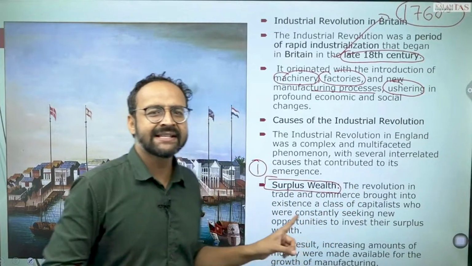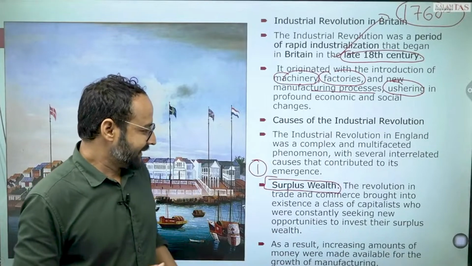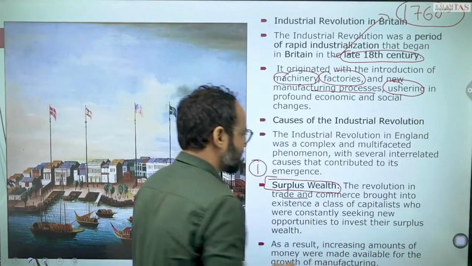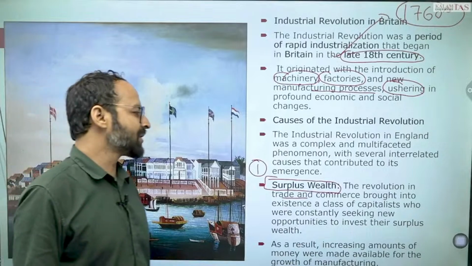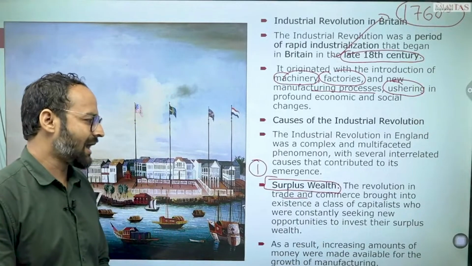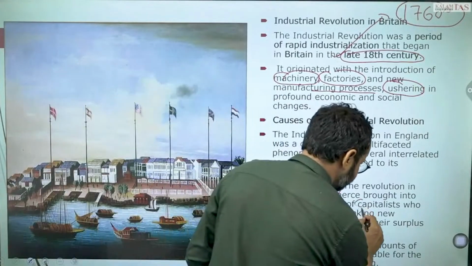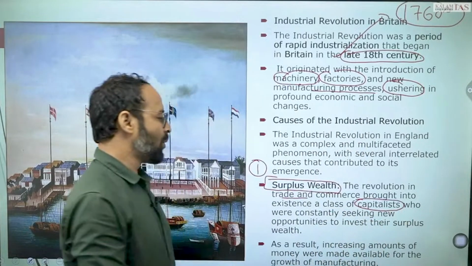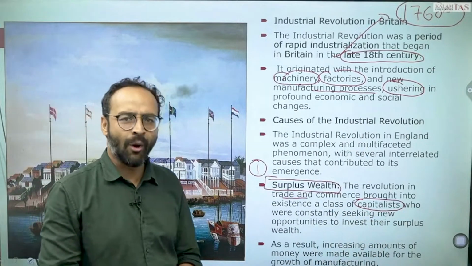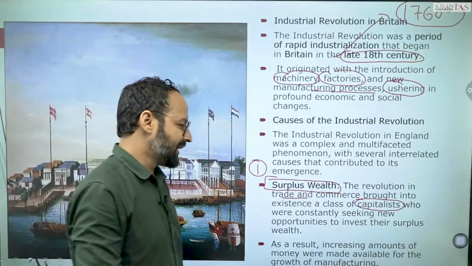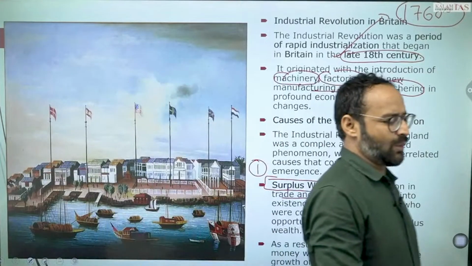So they were having surplus money. As I said, the revolution in trade and commerce brought into existence a class of capitalists who were constantly seeking new opportunities to invest their surplus wealth.